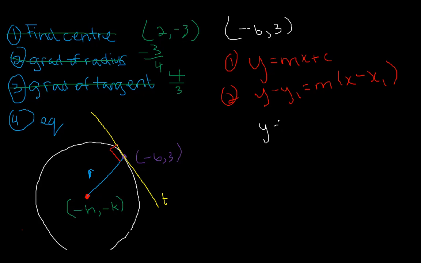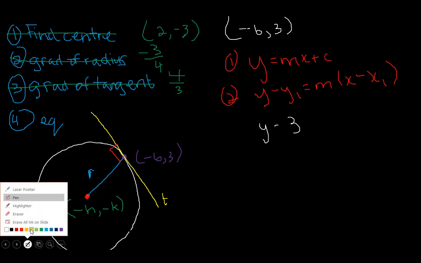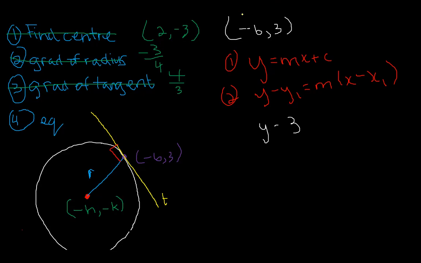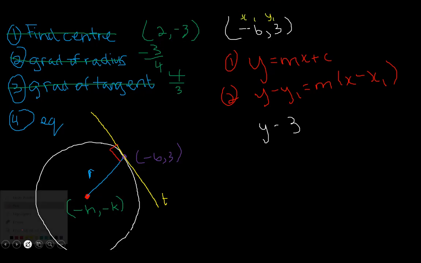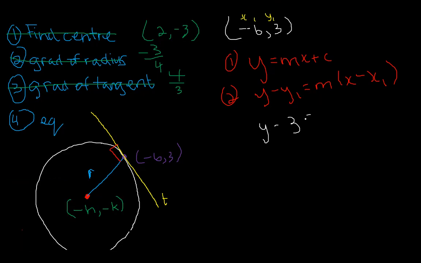So y minus y1 in this case would be 3. So I put 3 here. It's x1, this is y1. So it's y minus 3 is equal to m. We know that m, which is the gradient of the tangent, is 4/3.